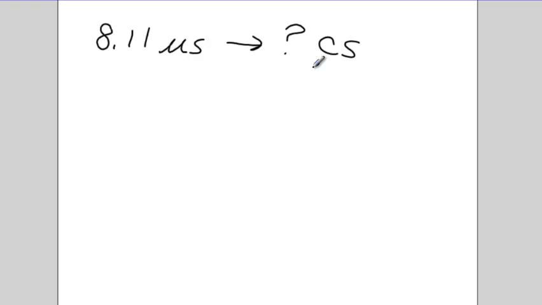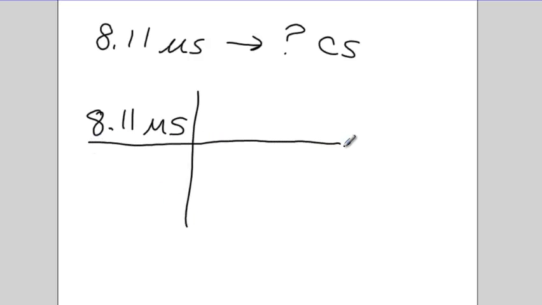Okay? Because off the top of my head, I don't know how many microseconds are in a centisecond. And you know what? I don't care either. I cannot memorize every conceivable connection between every conceivable prefix. I'm just going to go with what I have memorized.